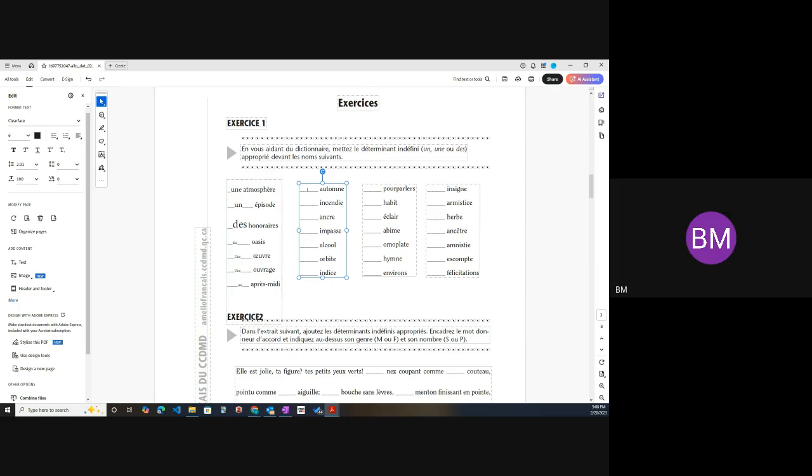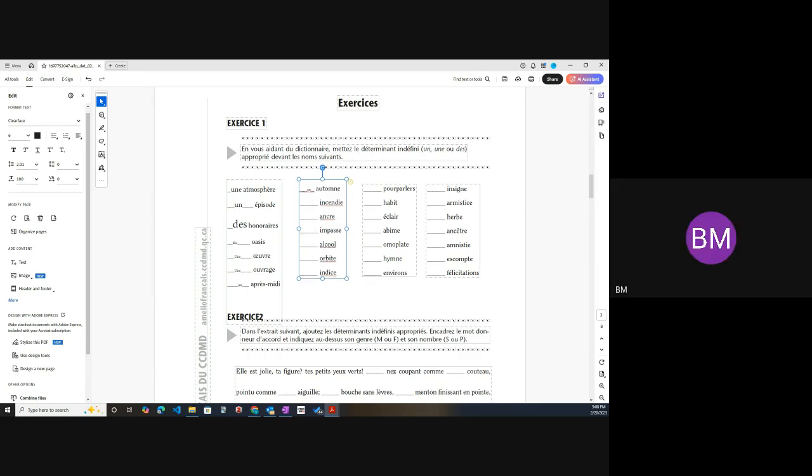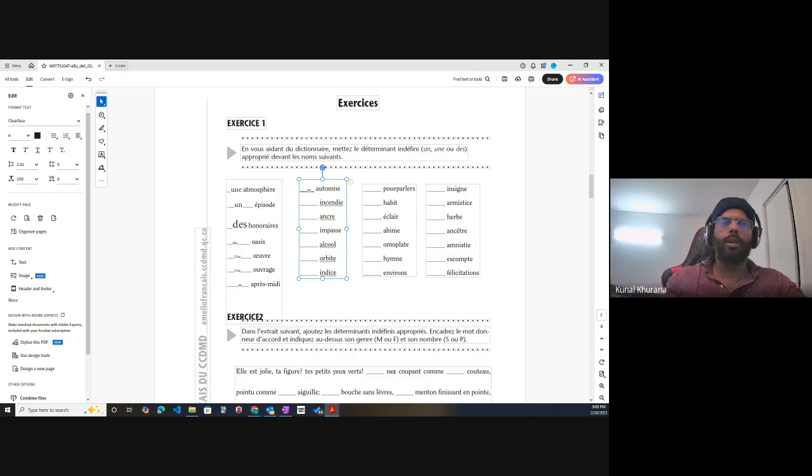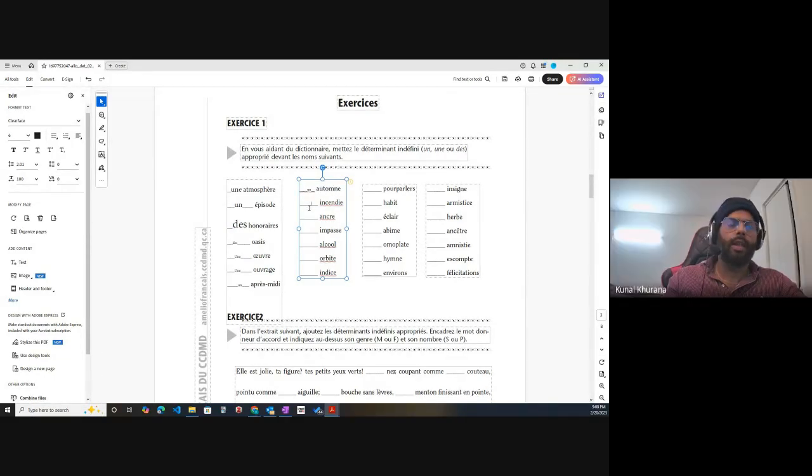Un automne. So generally, the seasons are masculine. Seasons are masculine. Un automne. Okay. Un incendie. It's fire.